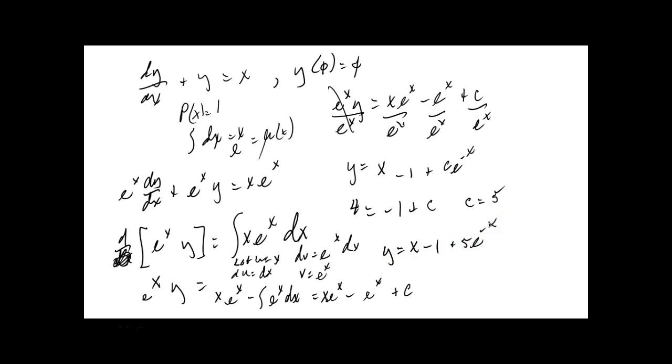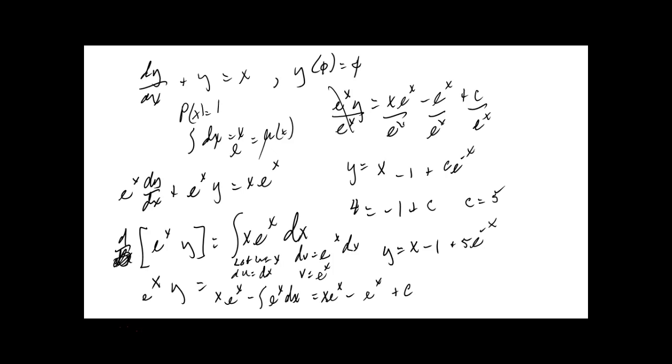All right. Now, just a little bit of visualization here. If you didn't have this last term, the 5e to the minus x, this would be a straight line, slope 1, intercept minus 1, right?